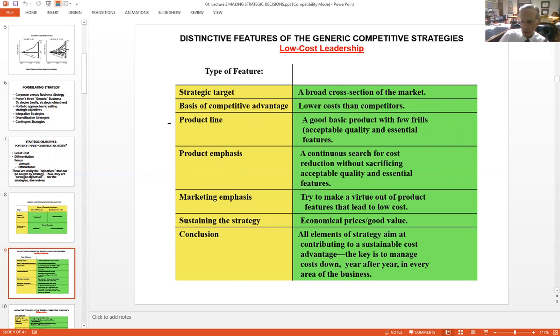But these are simply characteristics of Porter's generic strategies. The low-cost leadership strategy, you can see what the target, the basis of advantage, the type of product line, and so forth, all the way down, marketing emphasis and the like.